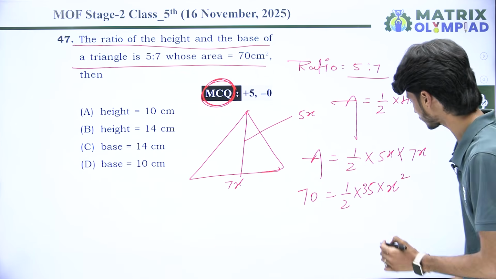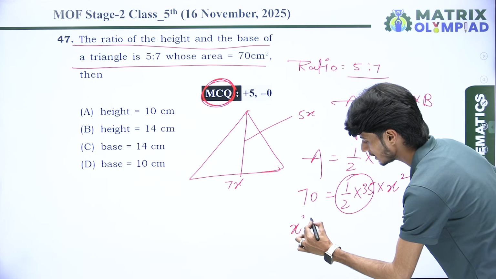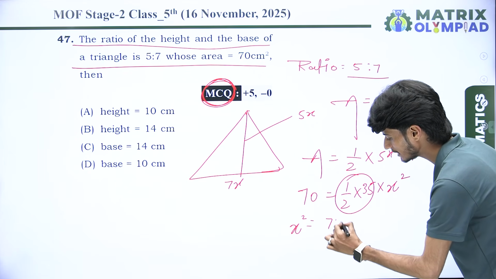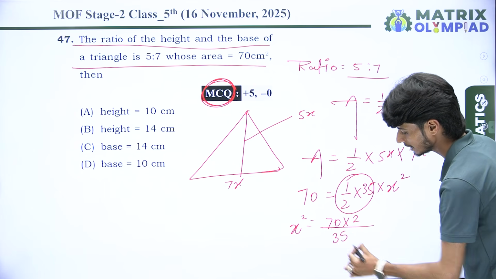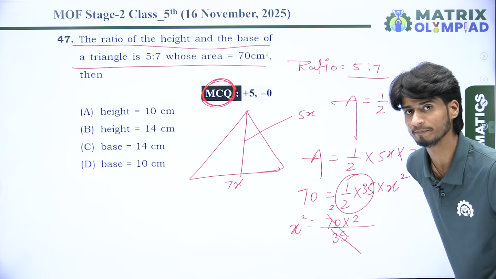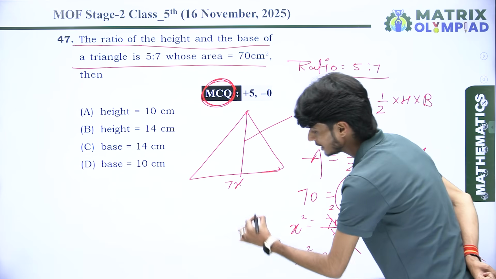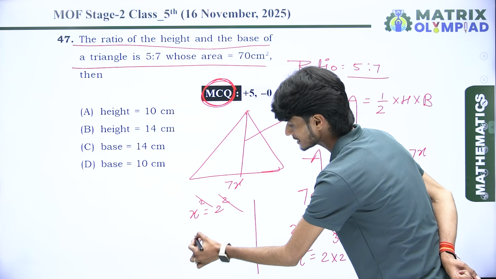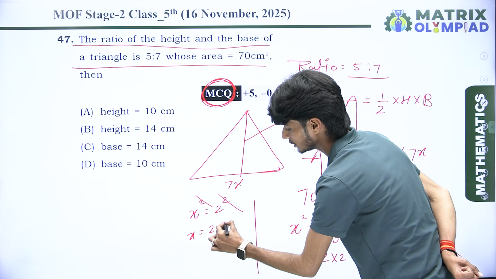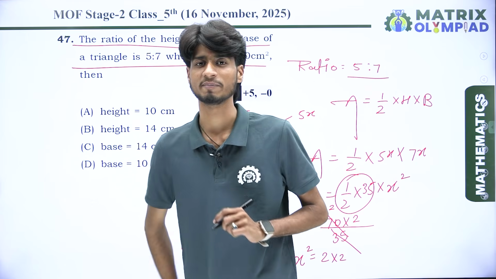So x square. When they change places, 2 goes to the multiplication, because here it is in division, and 35 goes to the division. 35 cancels out 70 by 2 times. Then we get x square equal to 2 multiplied by 2. That means x square is equal to 2 square. Square cancels with square, then we get x as 2 centimeter.